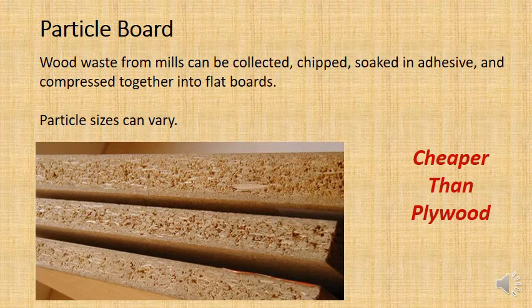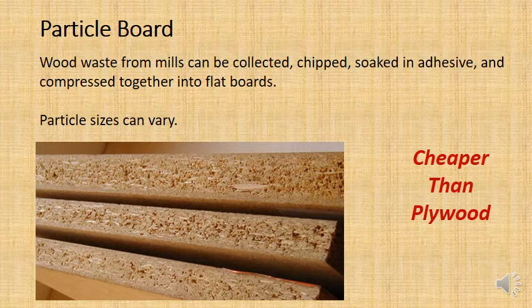Now, I want to talk to you about another kind of wood product. This is particle board. As I said, there is a lot of wood waste when you're milling timber from lumber. And if you ever go to a timber mill, I hope you do get a chance at one point, you're going to see that there's sawdust and bits of waste wood all over the place.